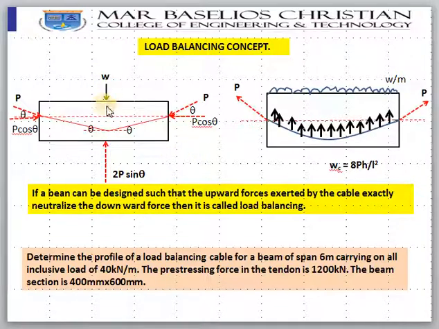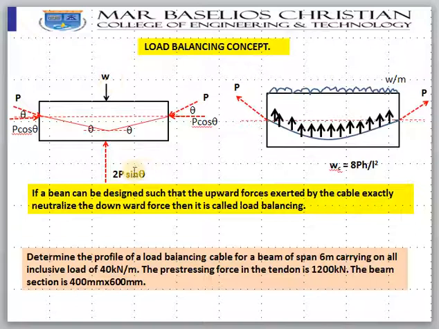So how to make this net force W minus 2P sin theta 0? You can make it 0 such a way that if 2P sin theta is equal to W, then W minus 2P sin theta is 0. Same way, if 8PH by L square is equal to W, then W minus 8PH by L square is equal to 0. So how to make 2P sin theta equal to W?